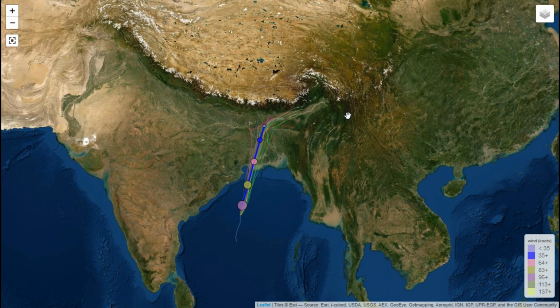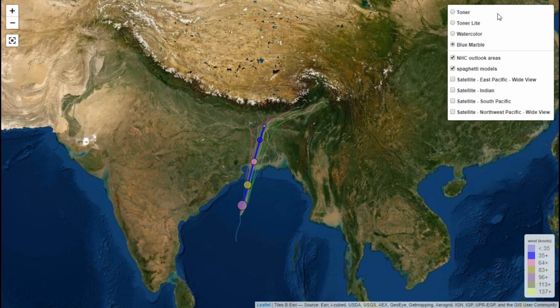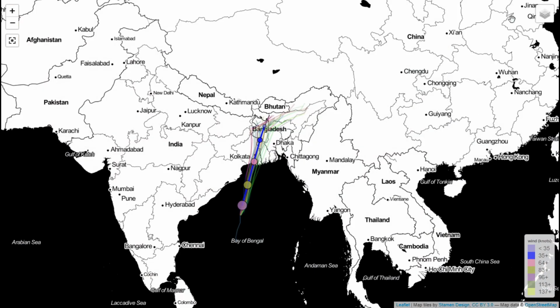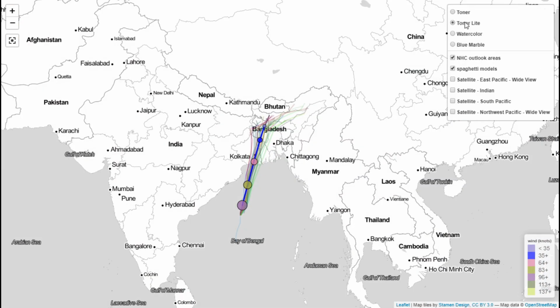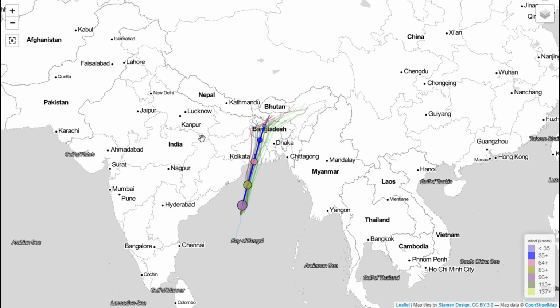Now, if we move back to our original map, then you will see, so this is our original map, and this is our starting point, that is point number 1. This is point number 2, 3, 4 and 5.